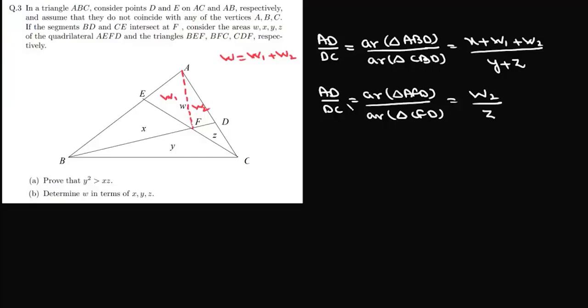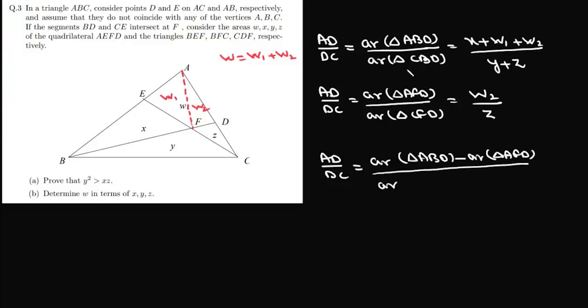Now using the properties of ratio and proportion, we can write AD upon DC will be equal to area of triangle ABD minus area of triangle AFD upon area of triangle CBD minus area of triangle CFD. So basically it will be equal to X plus W1 plus W2 minus W2.